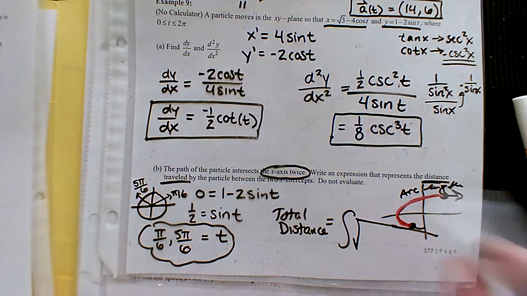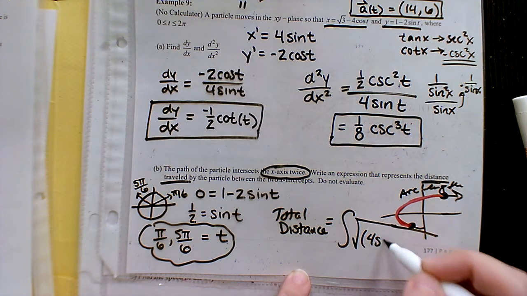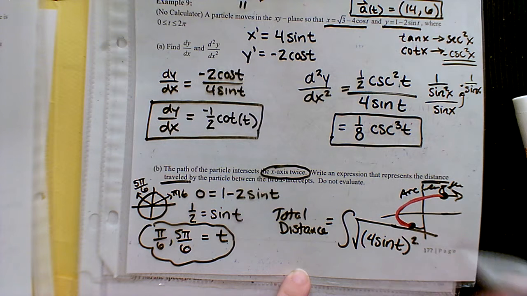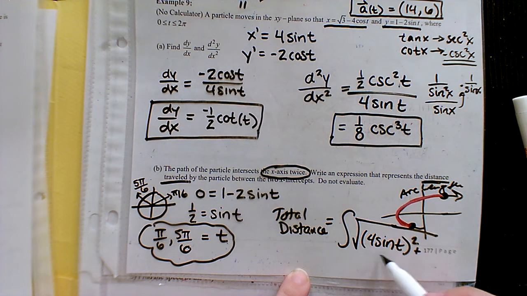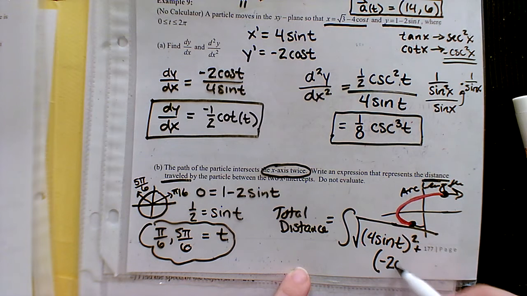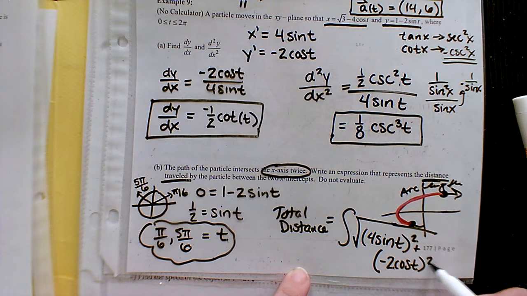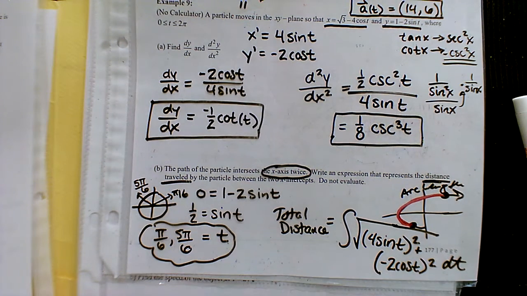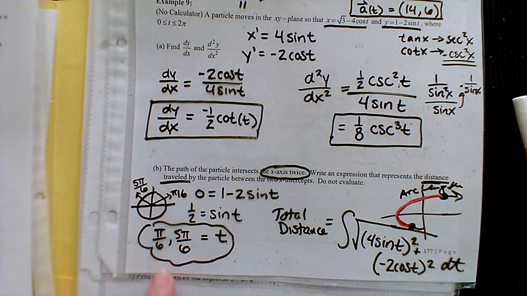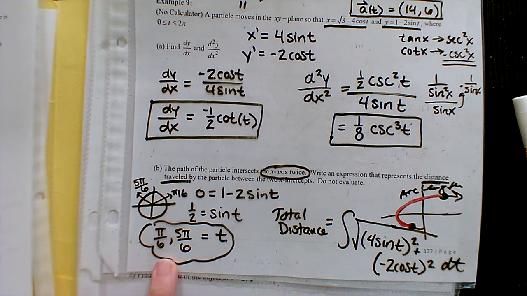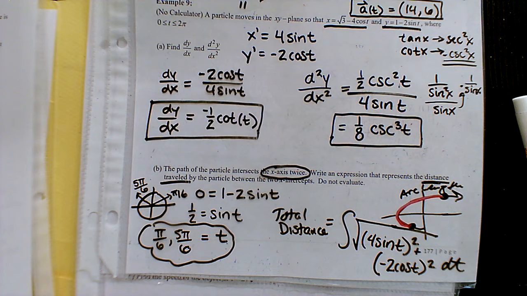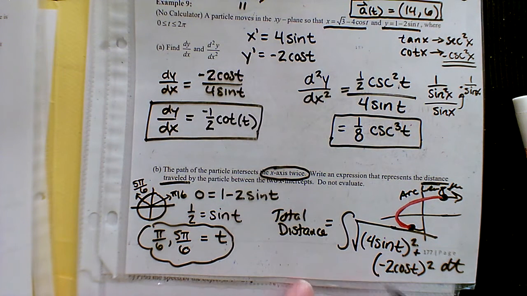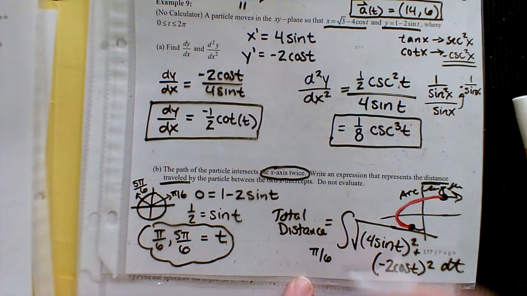Looks like we know those from part A. So 4 sine of t squared plus, we're running out of room, negative 2 cosine of t squared, dt on the end, and it looks like our bounds would be the times, because we want the distance between both of those x-intercept points. So pi over 6 to 5 pi over 6.